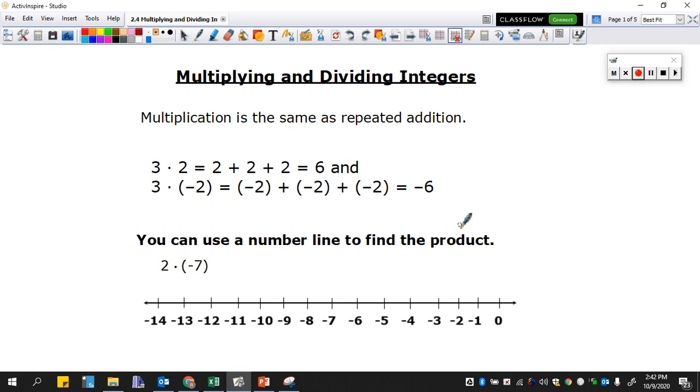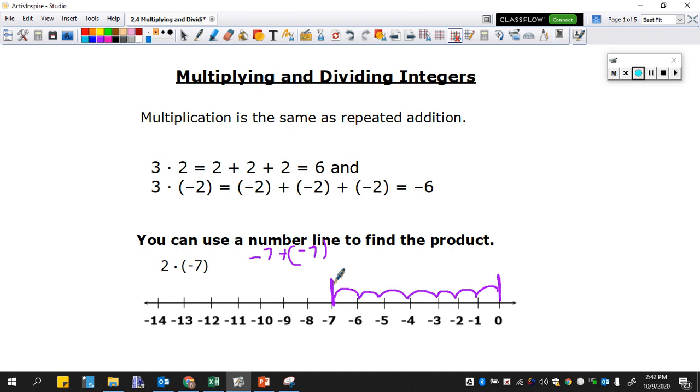Because we know how to add using a number line. Remember, we always start at 0. So 2 times negative 7 means adding negative 7 plus negative 7, all right? So that would be starting at the 0, 1, 2, 3, 4, 5, 6, 7.